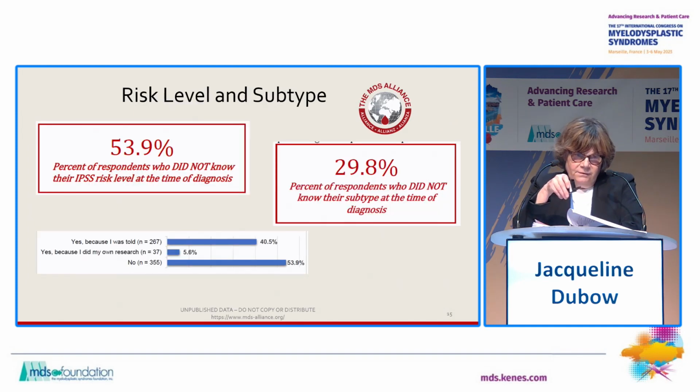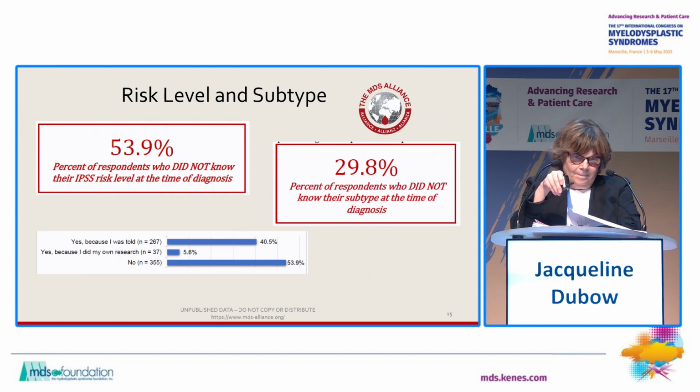In terms of risk level and subtype, 53.9% of the respondents did not know their IPSS risk level at the time of diagnosis. So keep in mind, again, that it's patient-reported. So at the time of the diagnosis, maybe they were told their risk level, but they didn't catch it.